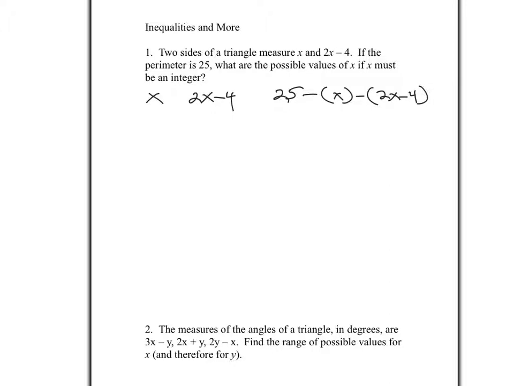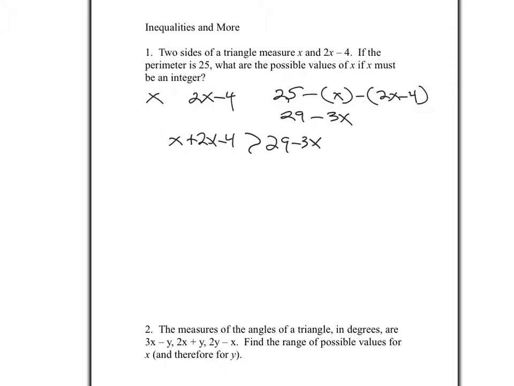When we simplify this, we're going to end up with 29 minus 3x. Okay, we also know that any two sides added together have to be greater in size than the third side. So we can say that x plus 2x minus 4 has to be greater than 29 minus 3x.